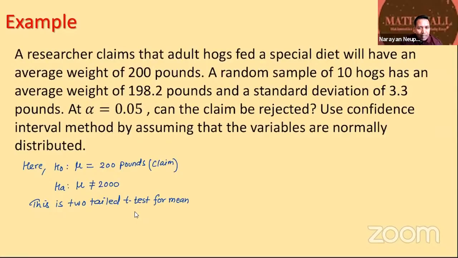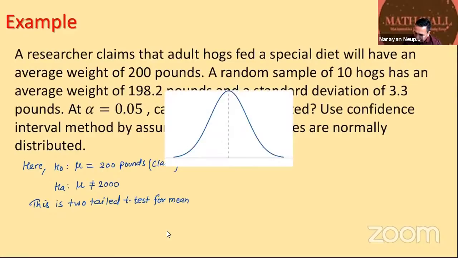Now what you have to do next is, at this significance level, alpha equal to 0.05, we have to find the critical value. In order to find the critical value, we have to draw that t distribution. So let's draw the t distribution here. Okay, suppose that is my t distribution.